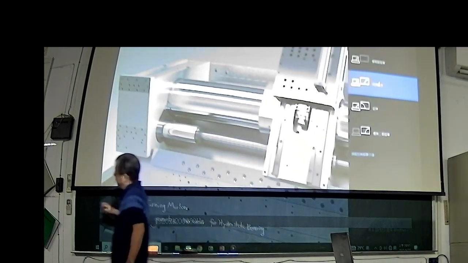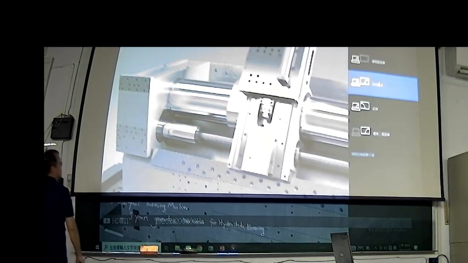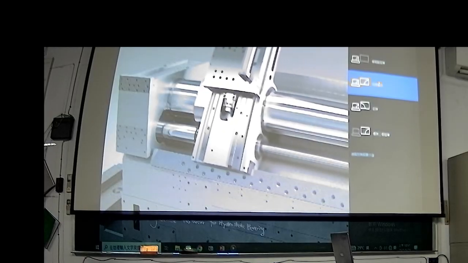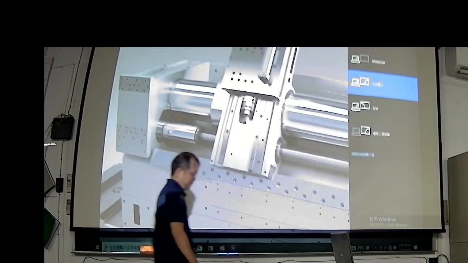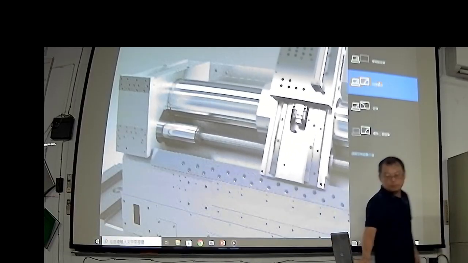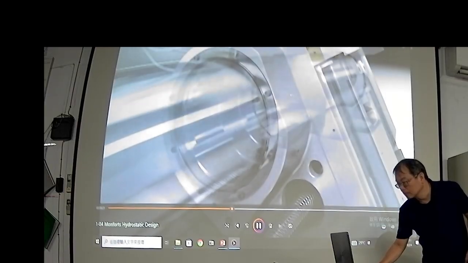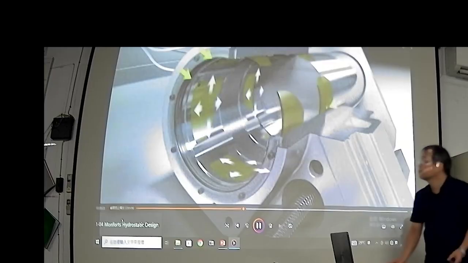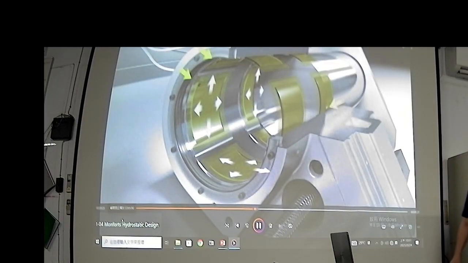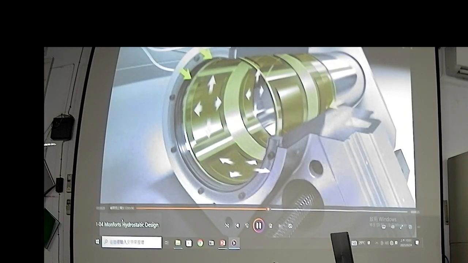To show you before, this is the turning machine from Monforts.